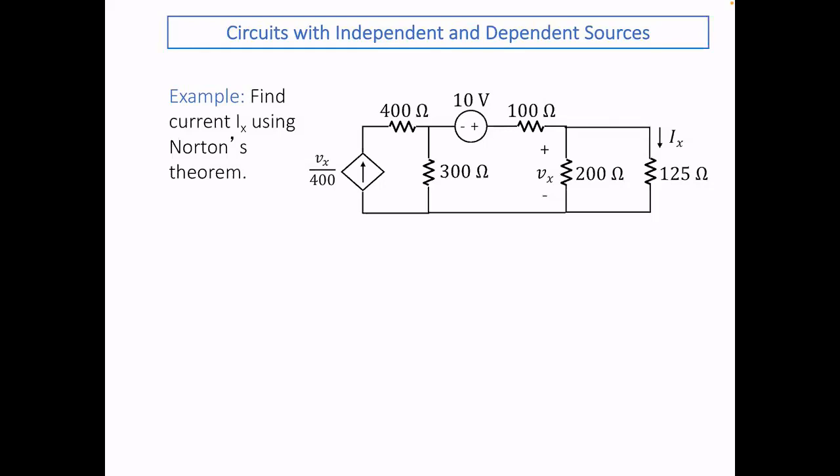So what is our circuit? Our circuit will be like this. This is Vx over 400 ohms. 300 ohms. Okay, we have 10 volts. 100 ohms.